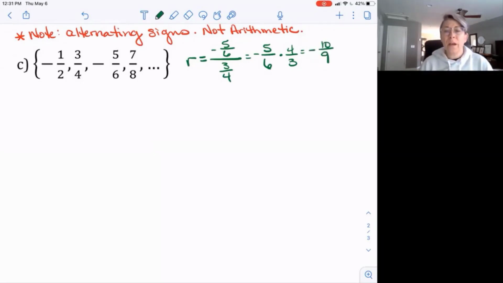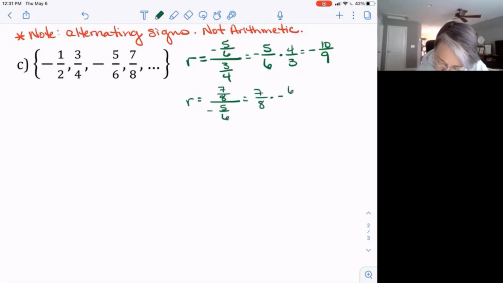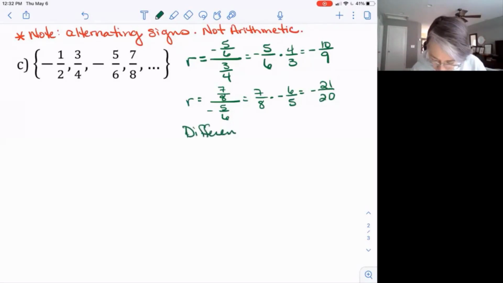But in order for that to be a common ratio, that has to be the same ratio between any two consecutive terms. So let's try it again using 7/8 and 5/6. And that reduces to -21/20. Those ratios are not the same. So different ratios, not geometric.